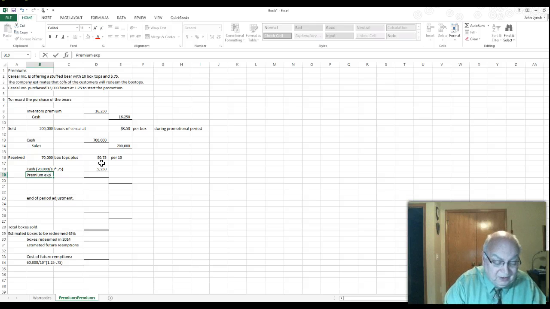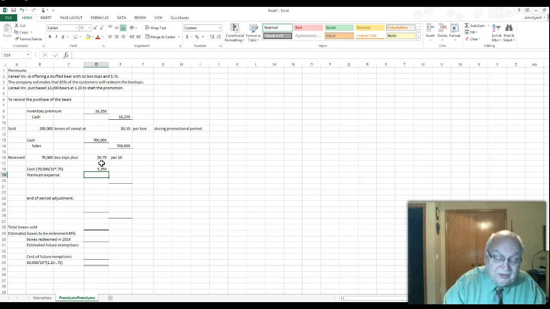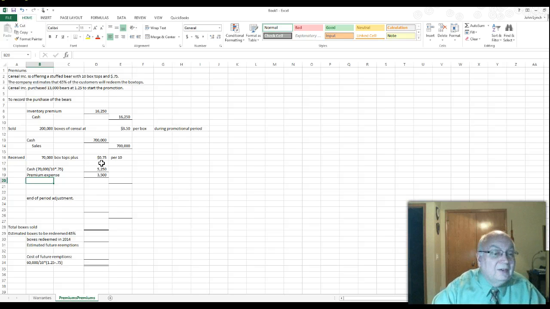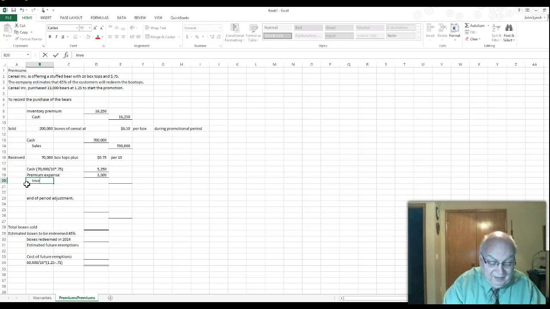Then we have premium expense. This is the cost that's going to cost us to do this little thing. We do the same type of thing: the 70,000 box tops divided by 10 times, now the cost is $1.25, but we're being reimbursed 75 cents for it. So it's going to cost us $3,500, which isn't too bad for advertising. And then you credit inventory premium.